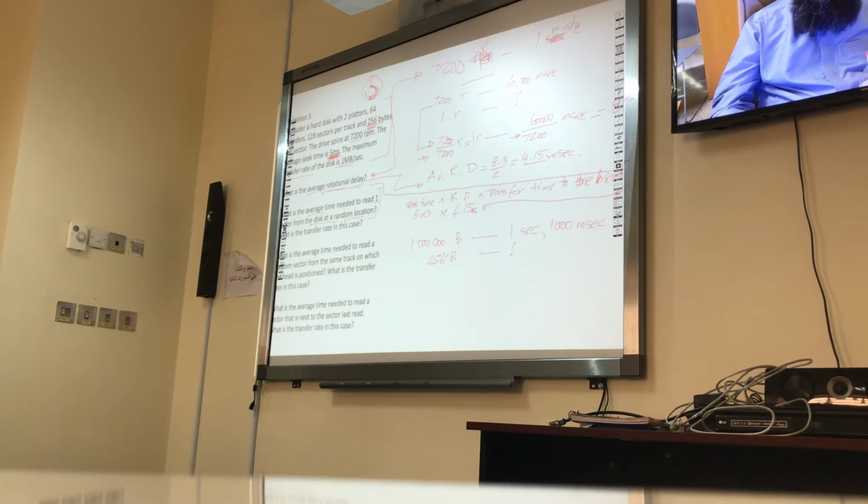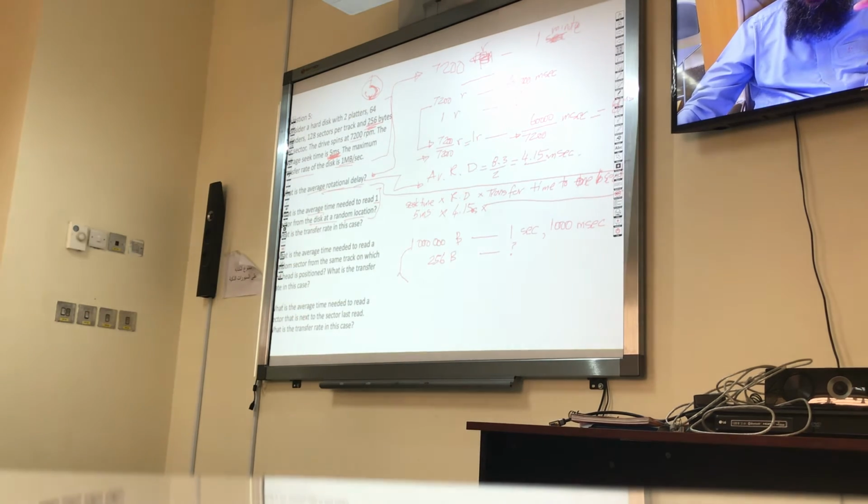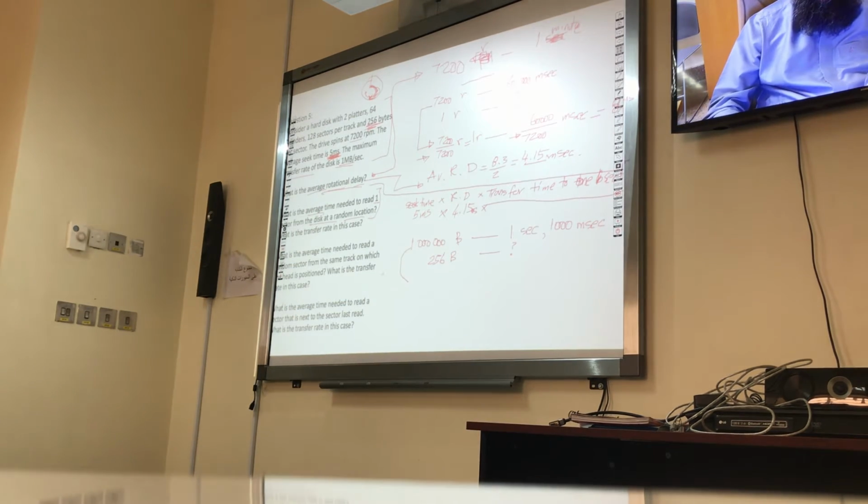The easy way to do this is there are 2 steps here. First I convert this 1 million into 1. So I say 1 million bytes get transferred in 1 second. So I divide 1 million by 1 million. But if I divide on this side, I have to divide on that side also.